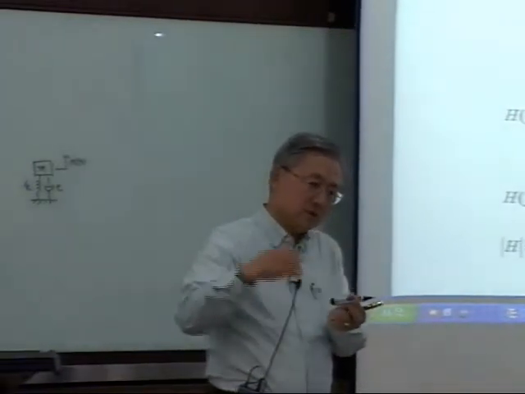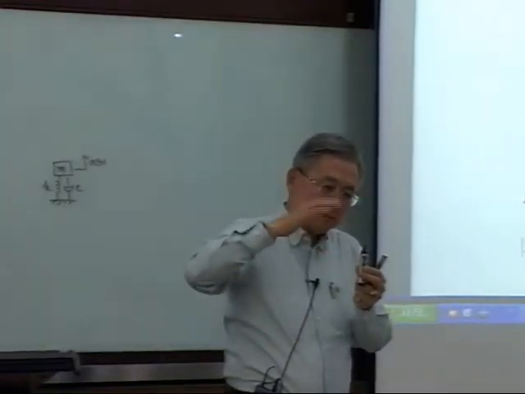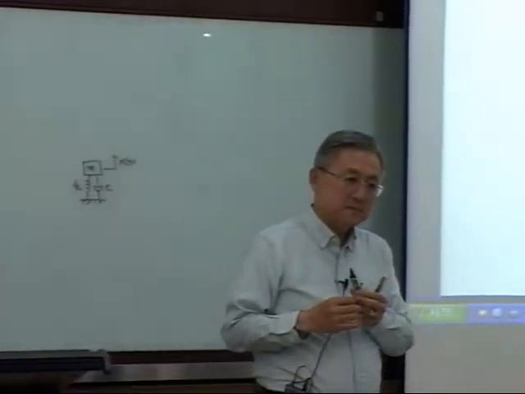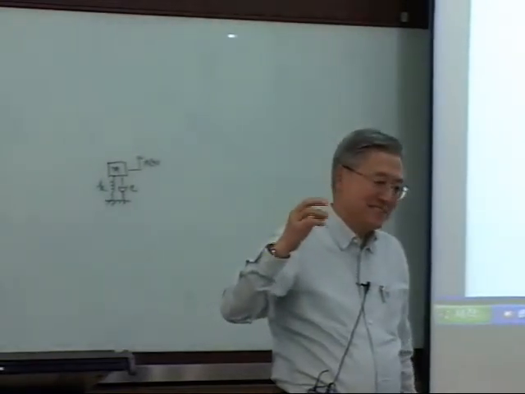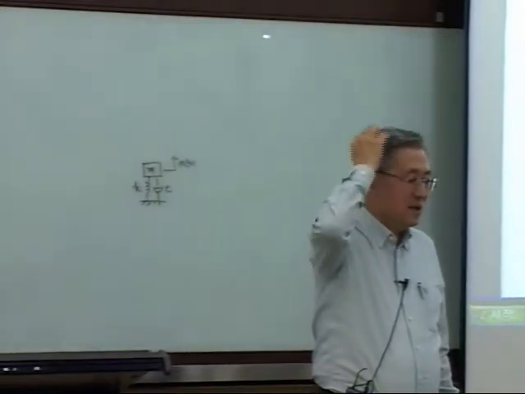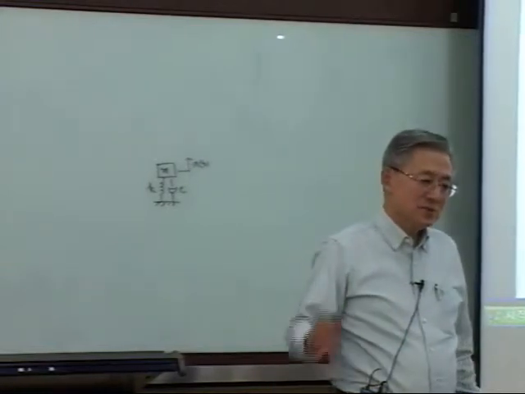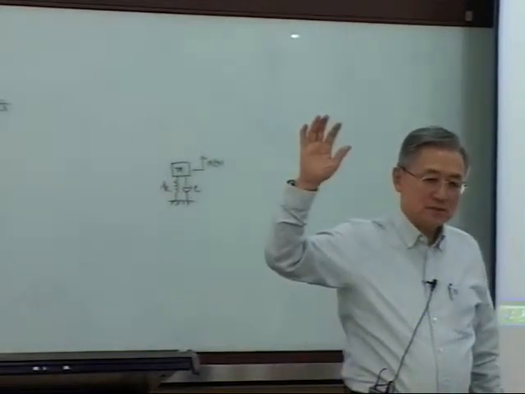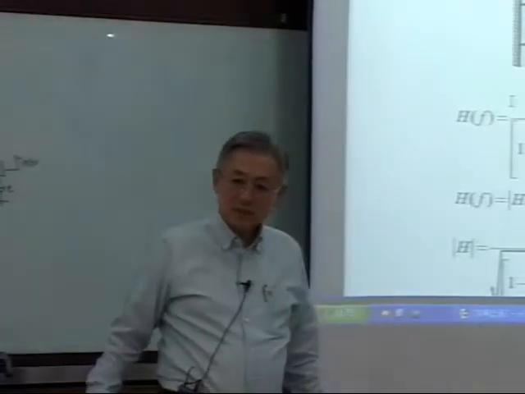Then it will vibrate. Okay, let's take a vote. Is this system the same, with no difference whatsoever, the response all the same between this and this? Raise your hand. You know what I'm saying?